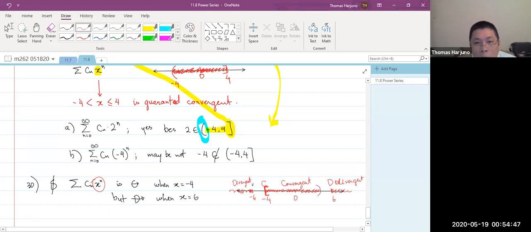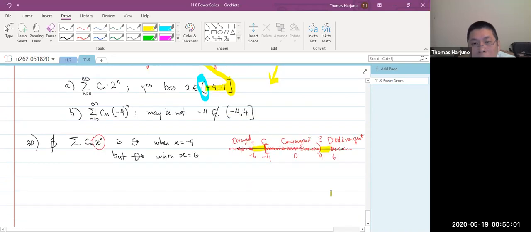Now, we don't know what happened at -6, just like we don't know what happened at 4. When x is in between, we cannot say anything. We also don't know about the endpoints there.